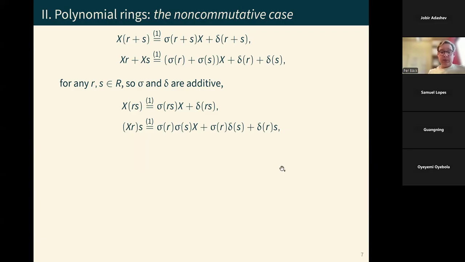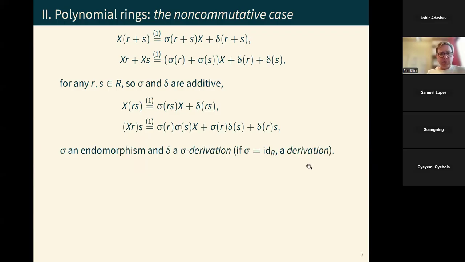And this delta has to be something called a sigma derivation. So it's a generalization of a derivation, and in case sigma is the identity map, then this is really the definition of a derivation.